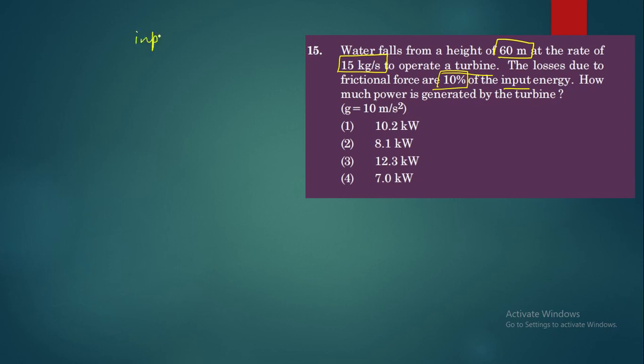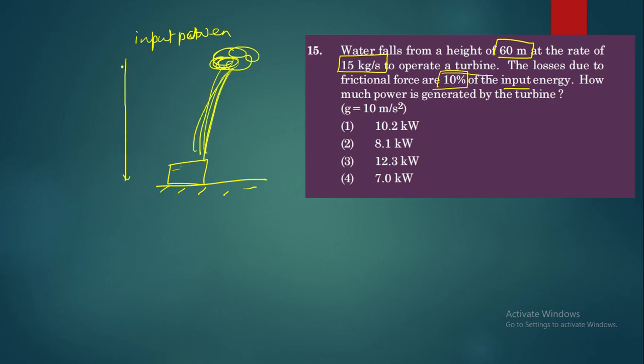So what is input power? First of all, the input power will be the gravitational power. Let's say this is the water which is falling, and this is the turbine. When water falls, first of all it will carry some amount of power. At a height of 60 meter, the power it generates is the energy divided by time.